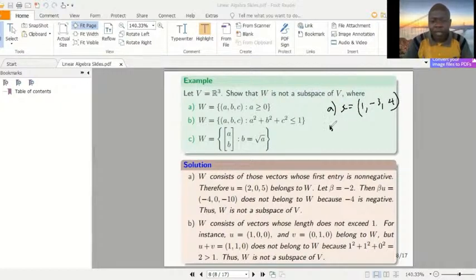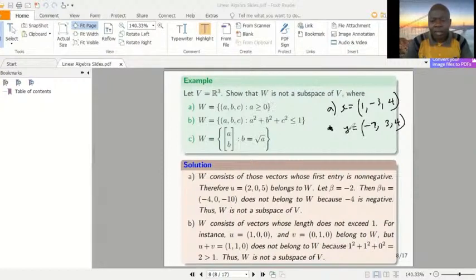What about this vector? Does it qualify? This one does not qualify because the first element here is -7. The first must be greater than or equal to 0.